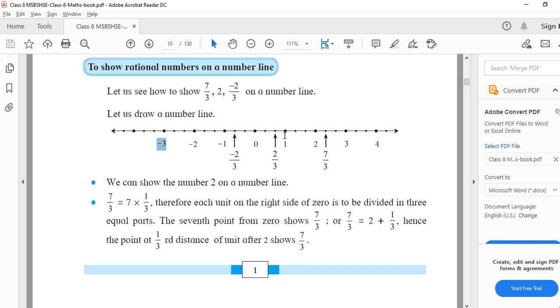So 3 will be your denominator throughout this number line. This will be your 1 upon 3, 2 upon 3, 3 upon 3, 4 upon 3, 5 upon 3, 6 upon 3, and so on. And similarly on the left hand side, numerator will always be negative and denominator positive.